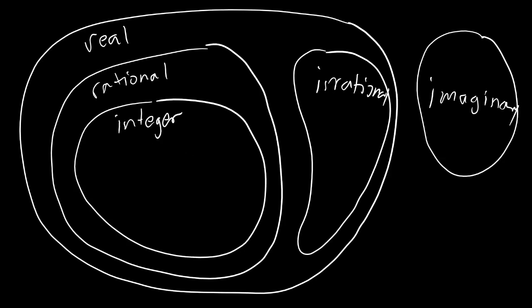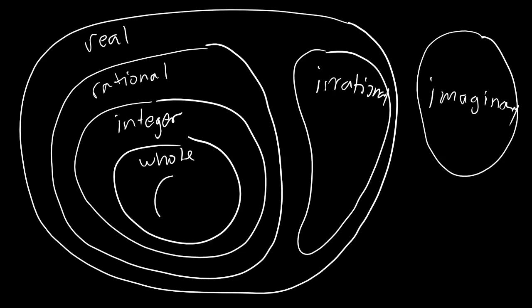I'll also teach about how to decipher what this diagram means. And within integer, there's another called whole. And within whole, natural. So make sure you have this in your notes. Make sure you have all this down. You can pause the video to copy this into your notes.